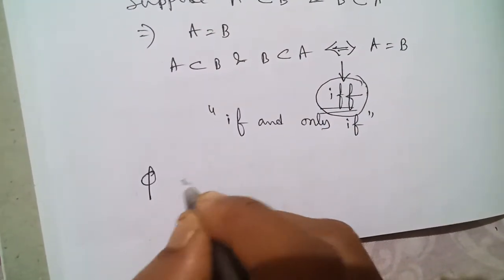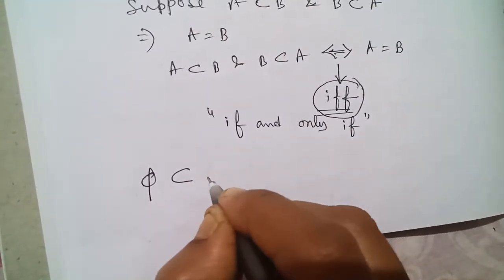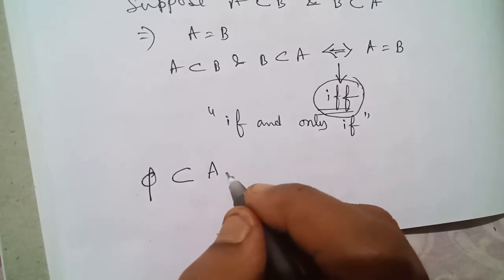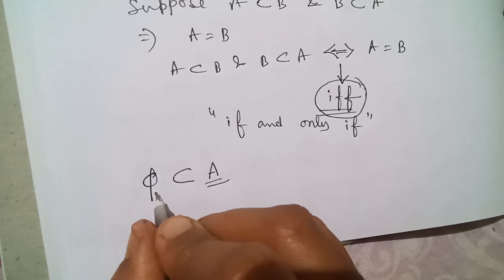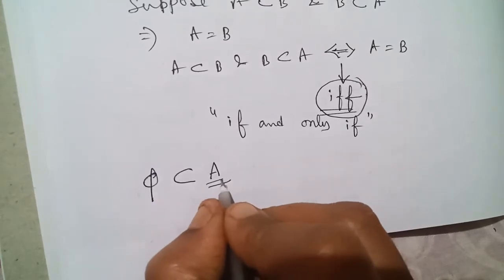Okay. Now, phi is a subset of all sets. Any set you take, phi will always be a subset of it.